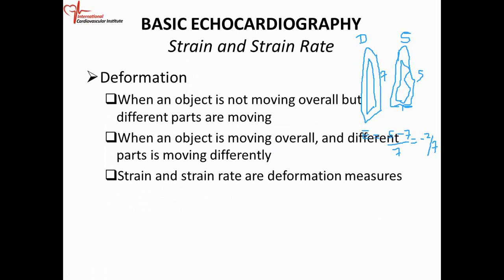So strain and strain rate are what we call deformation measures, okay? Because the heart is shortening, it is lengthening, it is thickening. The heart is not really moving out of the chest, but the different parts of the heart, different segments, are moving.